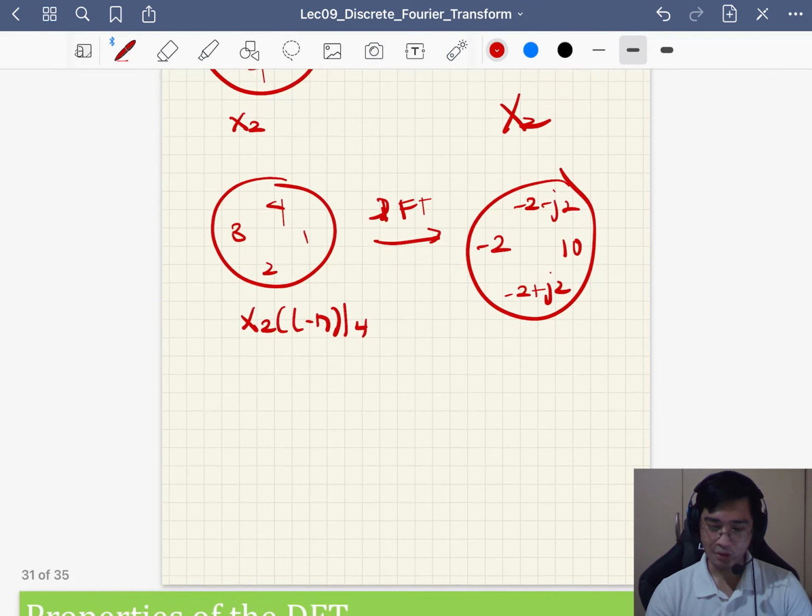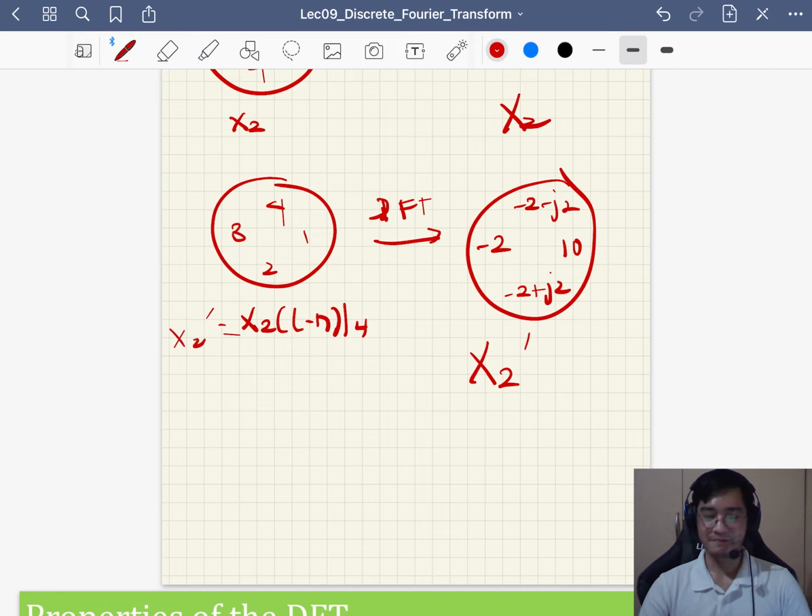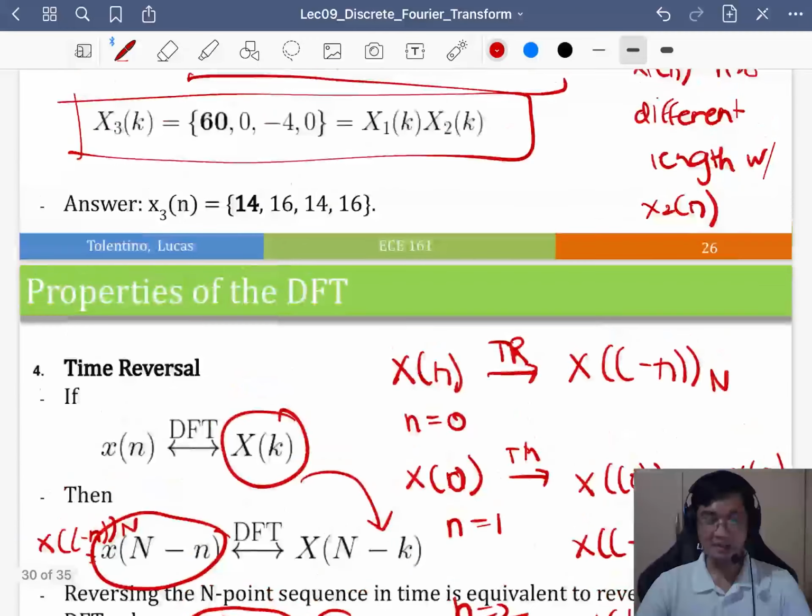Let's say this is x2 prime of k. So that's how you do time reversal in the DFT.